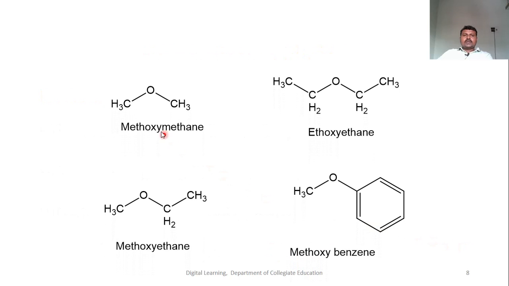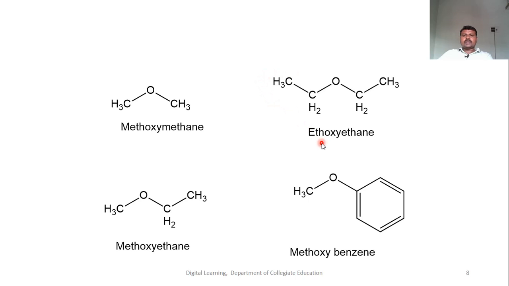So in the first example, the oxygen atom is attached to two methyl groups. So one of the alkyl groups is made into methoxy and another one is made into alkane. So the name becomes methoxymethane. Here also the oxygen atom is attached to two ethyl groups, so the name becomes ethoxyethane.